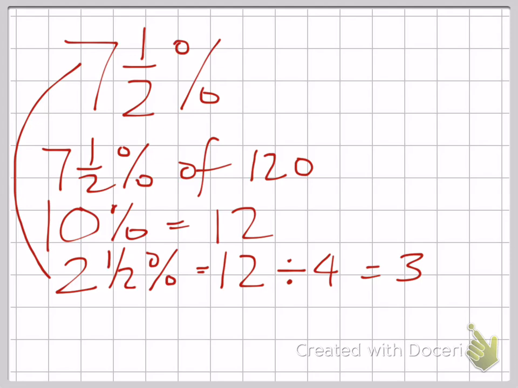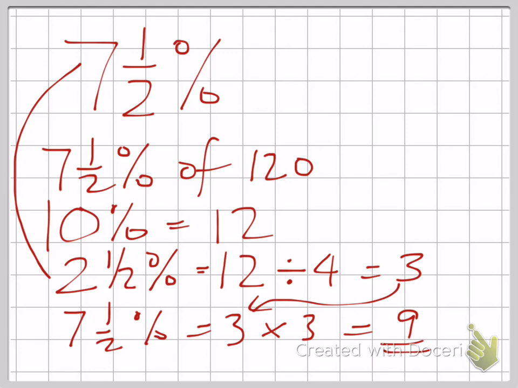So we can do that answer, 3, times 3, which will give us 9. Some people prefer to work out 5% and then 2.5% and add them together. Either way you will get the same answer as long as you're careful to be accurate.